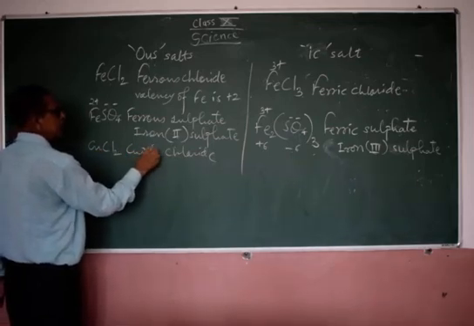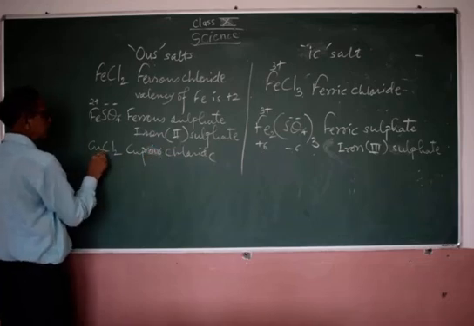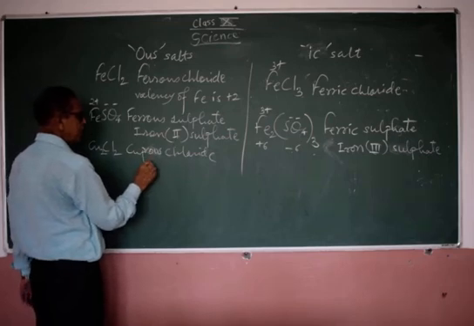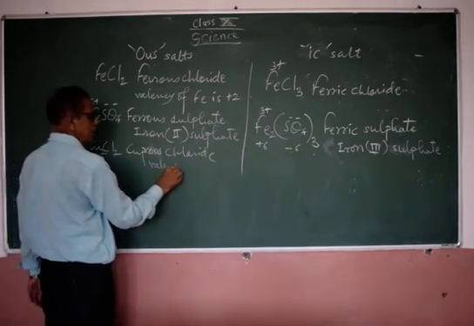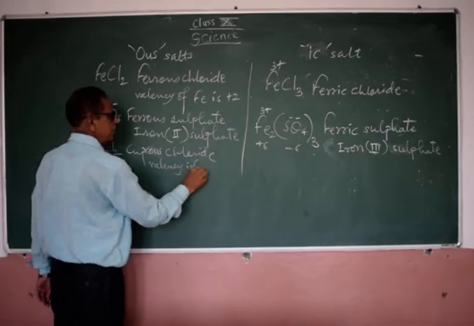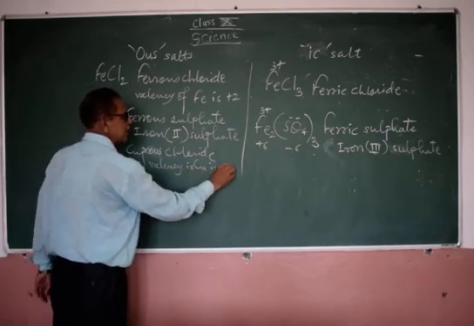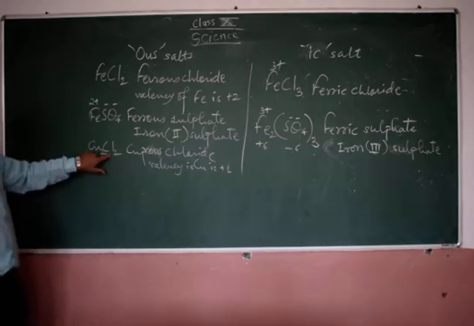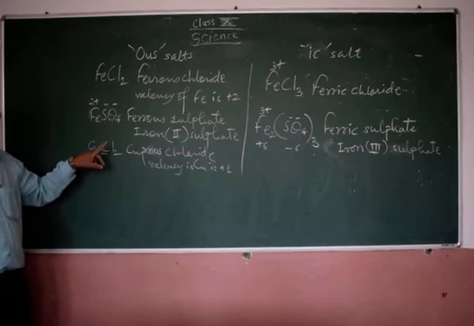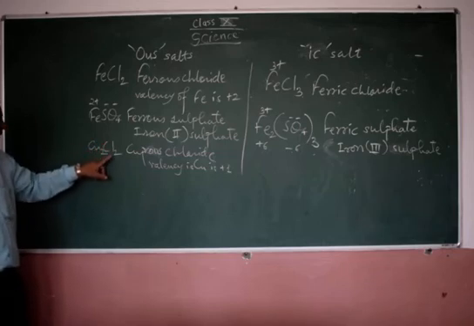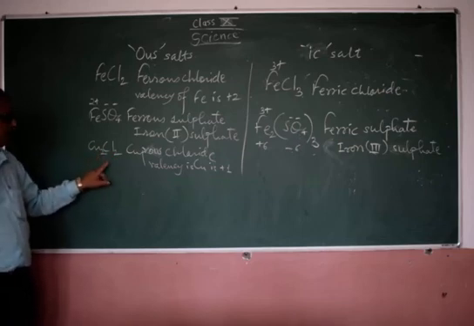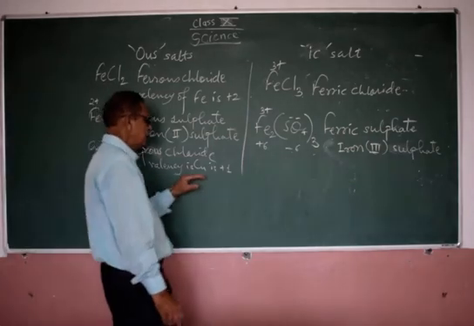We will write here cuprous, Cu2Cl2, cuprous chloride, and the valency of copper is plus 1, because two chlorine atoms are combining with two copper atoms. Therefore, how many chlorine atoms will combine with one copper atom? The number of chlorine atoms that are combining with one copper atom is 1, and therefore the valency of copper is 1.